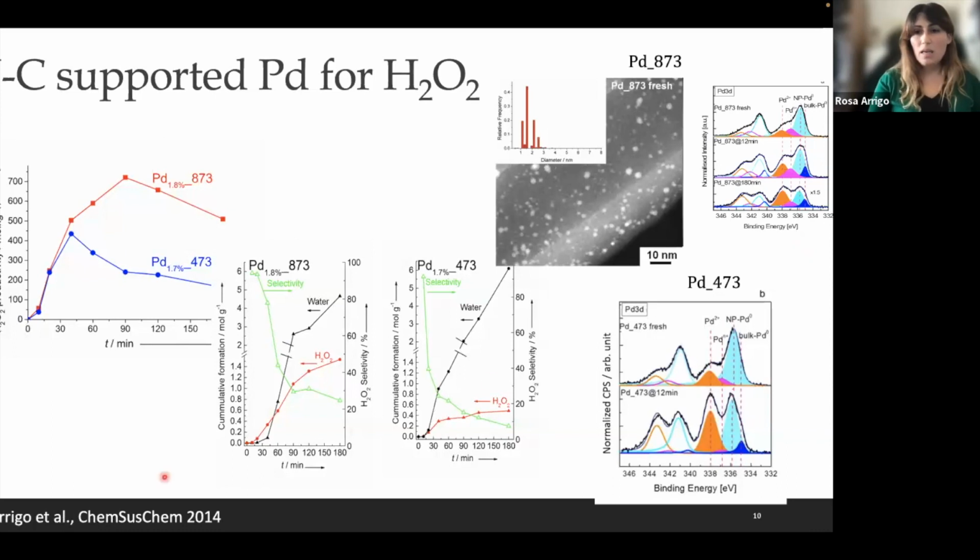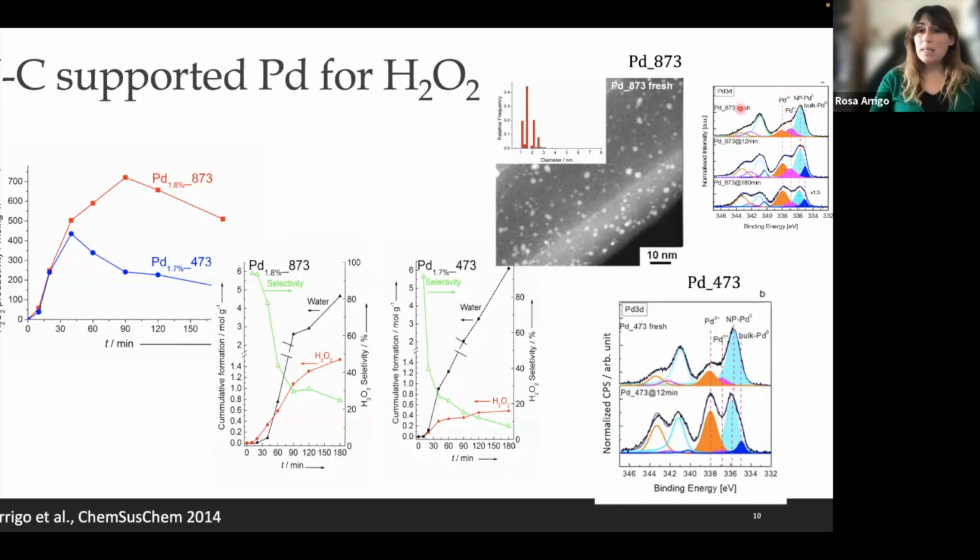So here you can see the palladium 3d of the fresh material which describes nanoparticles with palladium 3d shift typical of palladium 0 for smaller particles, a palladium delta plus which describes the interfacial palladium with respect to the carbon, and also the PVA overlayer, or any carbon overlayer on top of the palladium, and then palladium 2+, which are isolated palladium atoms, which normally are inactive for this reaction.